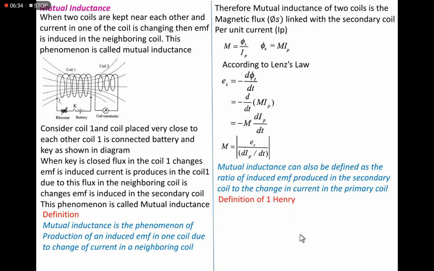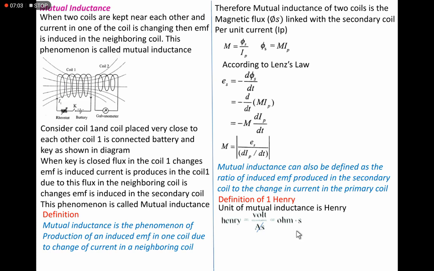Now the definition of 1 Henry. The unit of mutual inductance is Henry. Here from this equation, the EMF induced in the secondary is in volt, and the change in current with respect to time we write as ampere per second.